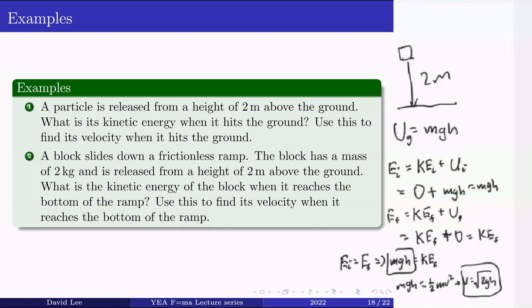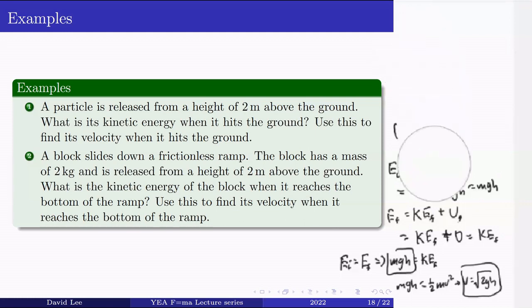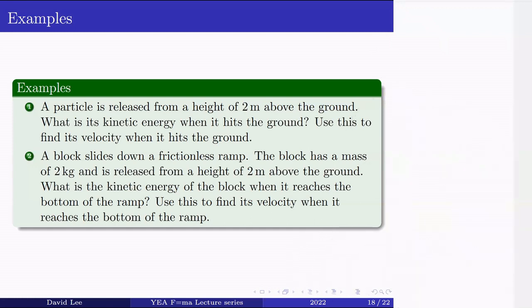All right. Now, the second example is really a good example of the power of potential energy. So what we have here is a ramp, and the block here. The ramp is inclined at some angle.